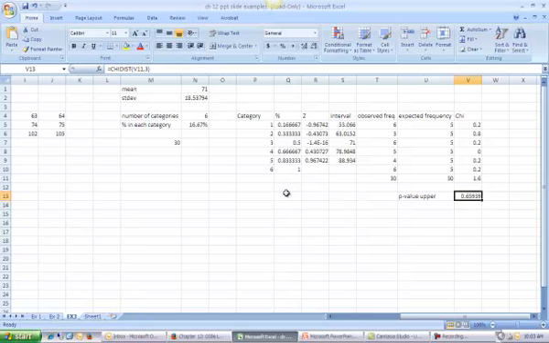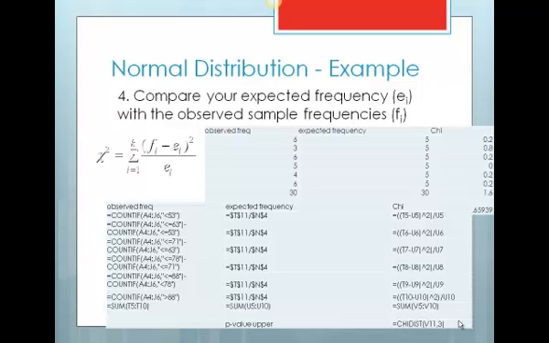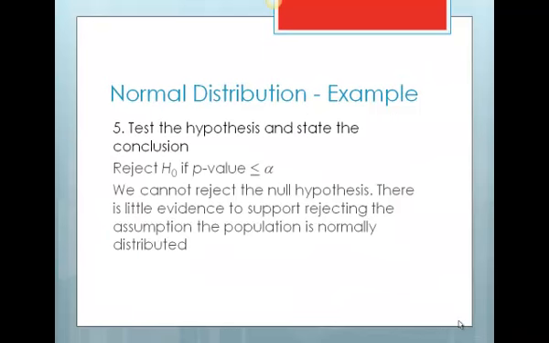And I come up with a p-value, upper tail, using my CHISQ.DIST function of 0.65. I reject H0 if that p-value is less than or equal to 0.05. In this case, it is not. So I do not reject H0. And there is little evidence to support rejecting the assumption of the population being normally distributed.